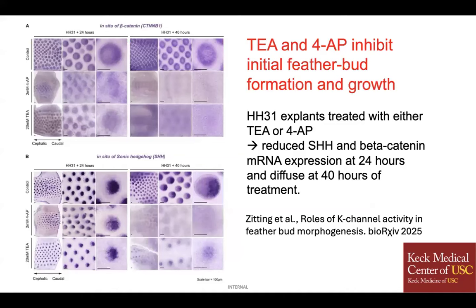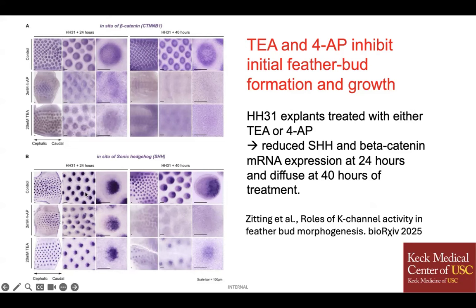Another effect of the potassium channel blockers is that they reduce the level of beta-catenin and sonic hedgehog RNA. And you can see that here. This is at H&H 31 plus 24 hours, and then at 40 hours.